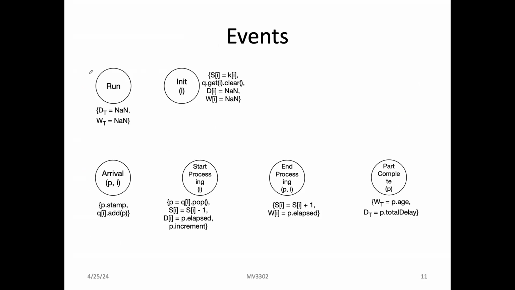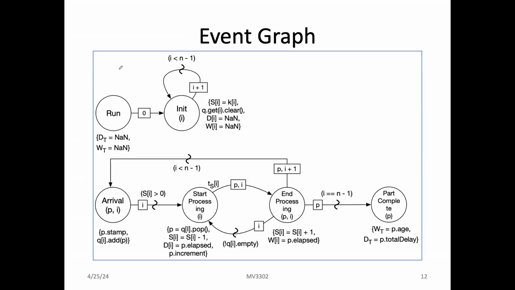So now, in terms of events, let me go right to the event graph. Our scalar state variables we're going to initialize in the run event. Our array state variables we're going to initialize using a for loop.